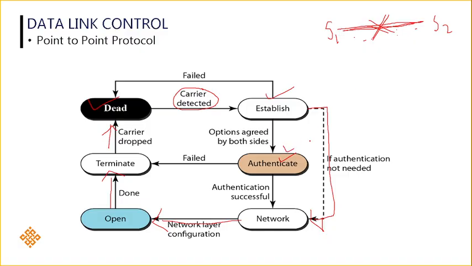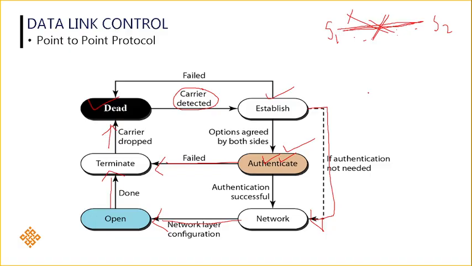But here you can see the optional phase. Before establishing the network, if they are communicating some critical information, then they need to authenticate themselves. Then they need to go for the authentication phase. If they fail in authentication, then the connection will be terminated immediately.